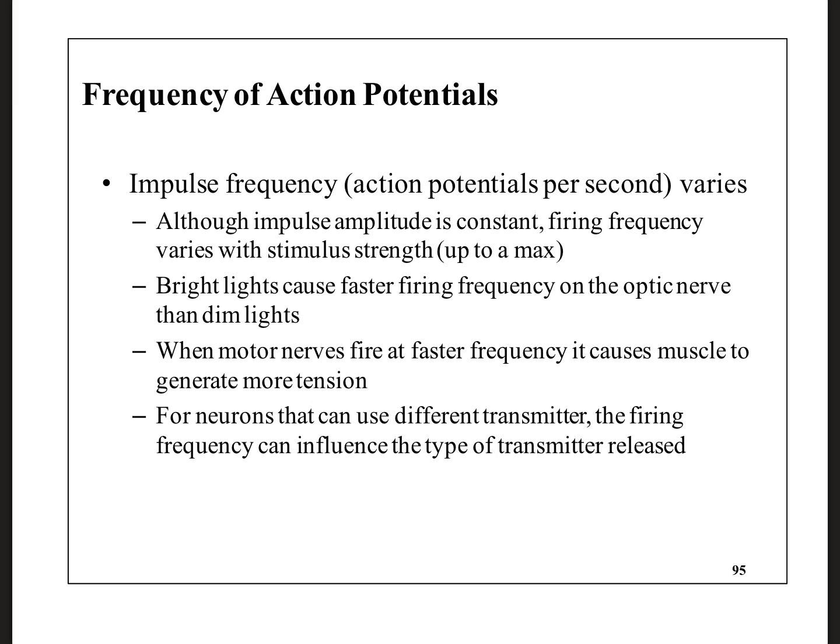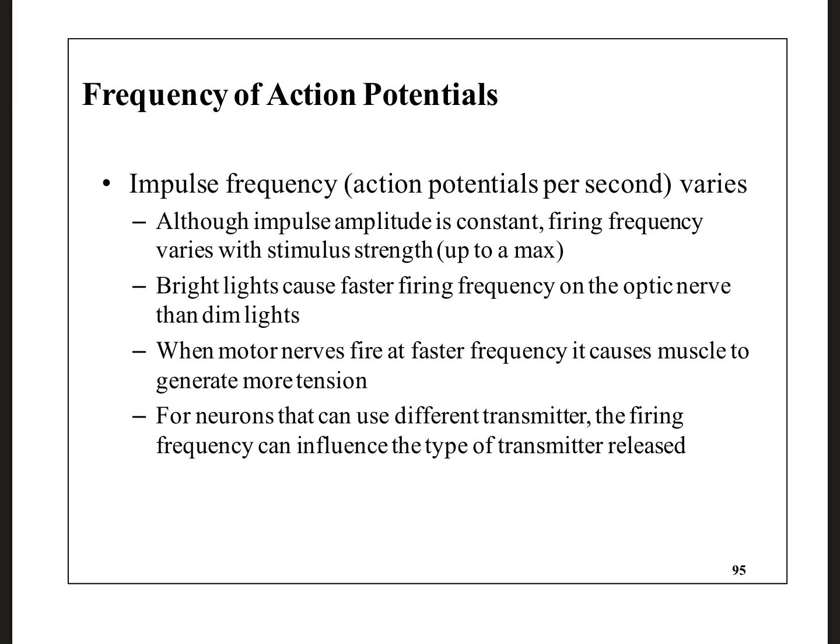neurons control what the response signal is on the postsynaptic neuron, right? So if we have a neuron that can release both acetylcholine and norepinephrine or dopamine, right? A couple different neurotransmitters.